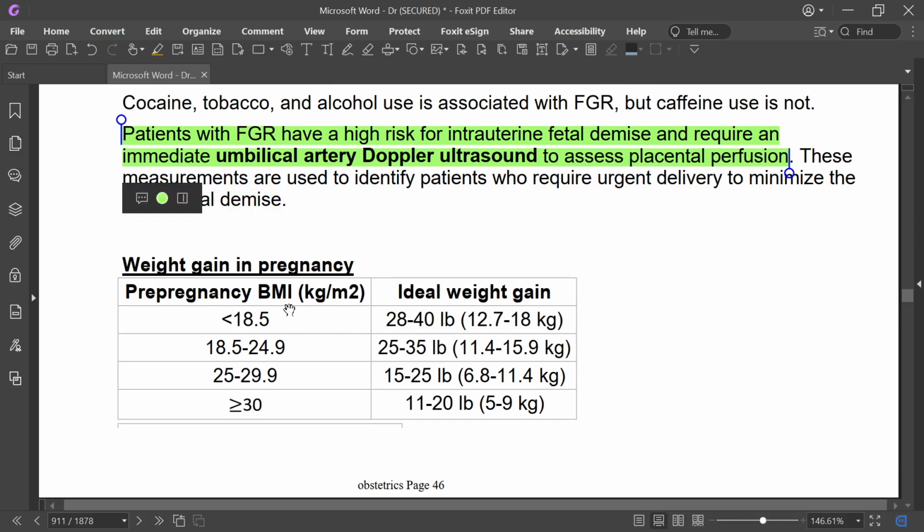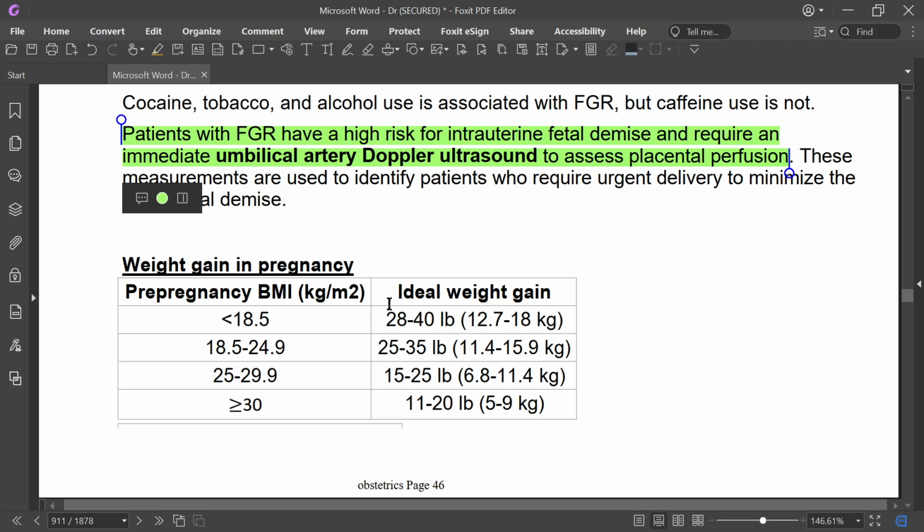Weight gain in pregnancy for BMI less than 18.5 should be 12.7 to 18 kg. For normal BMI, 18.5 to 24.9, there should be 11.4 to 16 kg.